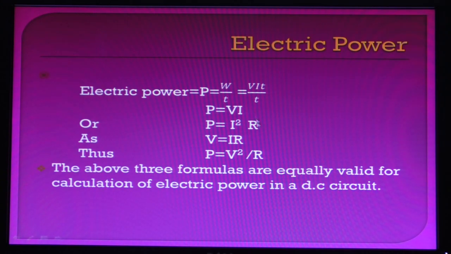We can derive more formulas for electric power.